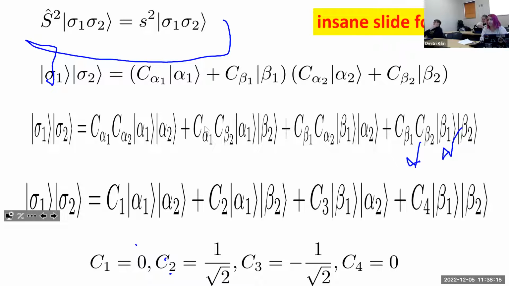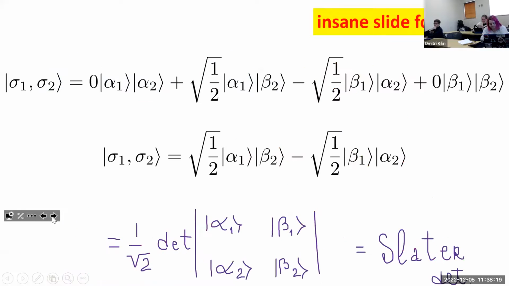So if the computer allows us to skip slides, we can skip first and last, and then write down the middle two. So first electron in alpha state, second electron in beta state, minus first electron in beta state, second in alpha state. So do you see this just symmetric mathematical construction?